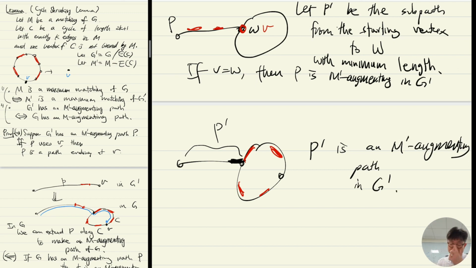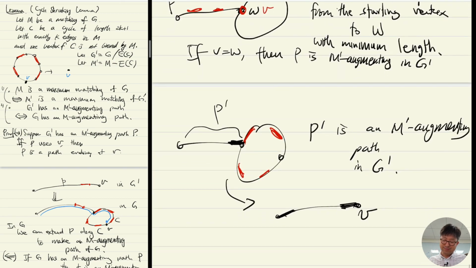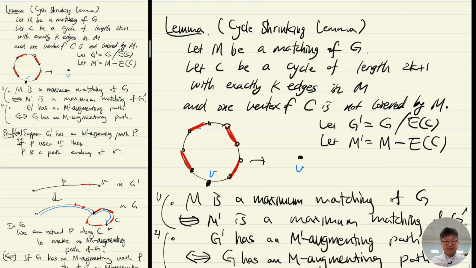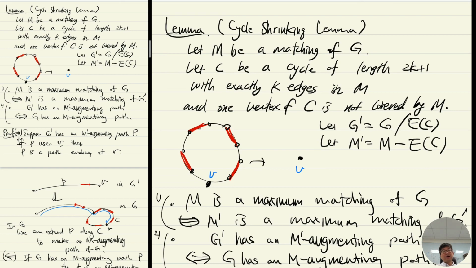Okay, so that's the proof, right? When you contract, you end up with a cycle, and this is V. Okay, so that's the cycle shrinking lemma.